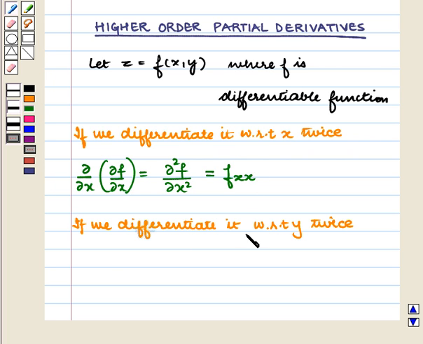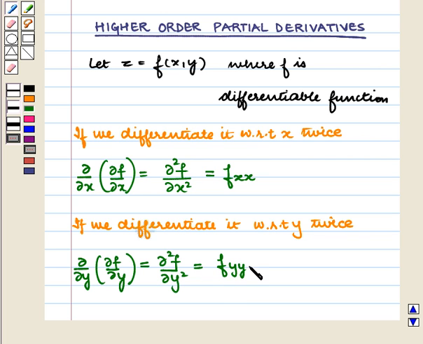Similarly, if we differentiate it with respect to y twice, we write del by del y of del f by del y is equal to del square f by del y square, which can also be written as f sub double y.